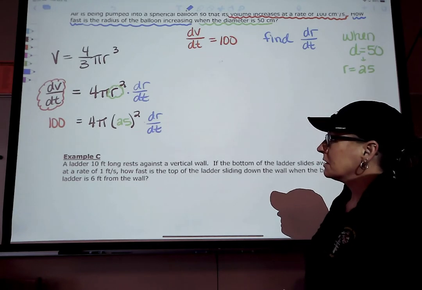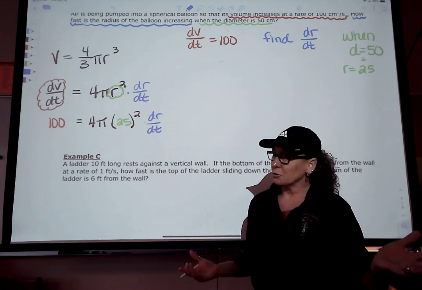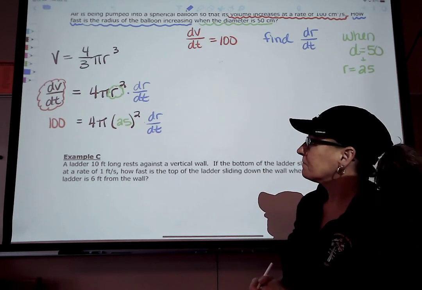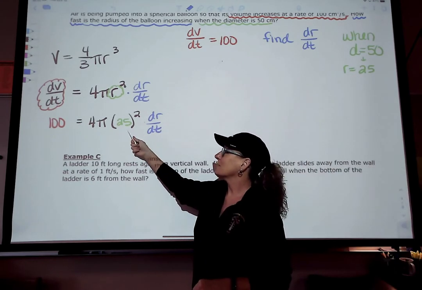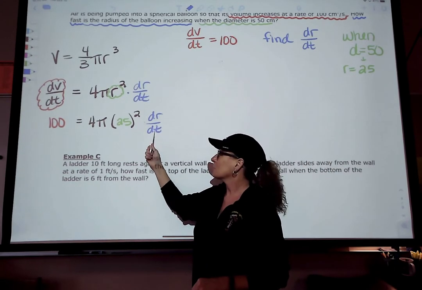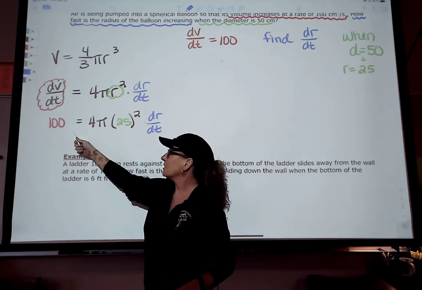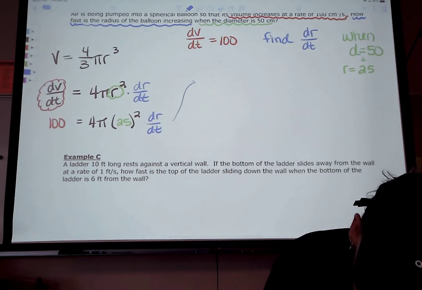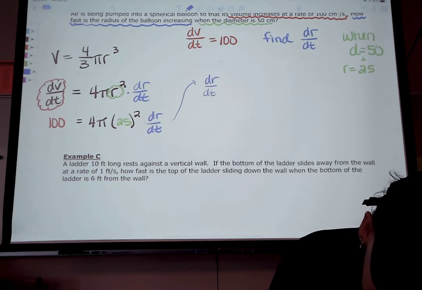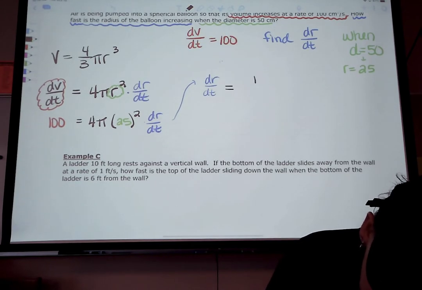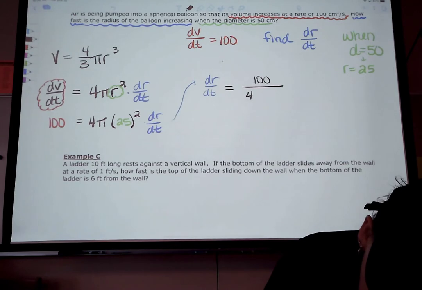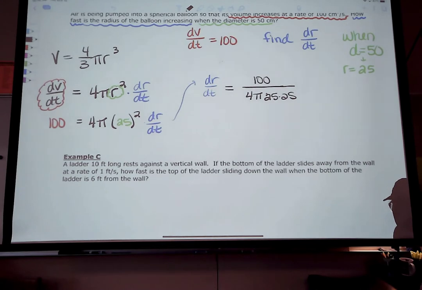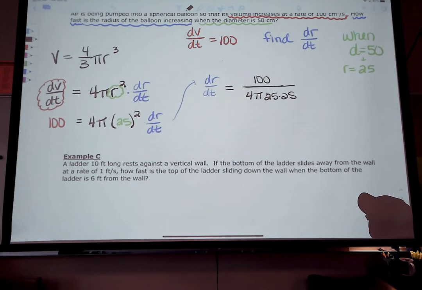And if I were trying to do this problem without a calculator, which is completely reasonable to do, I would not square this because I know that in order to solve for dr/dt, I'm going to have to take 100 and divide it by this, this, and this. So watch. dr/dt is equal to the original 100 divided by a 4 and a pi and a 25 and a 25, right? Yep.